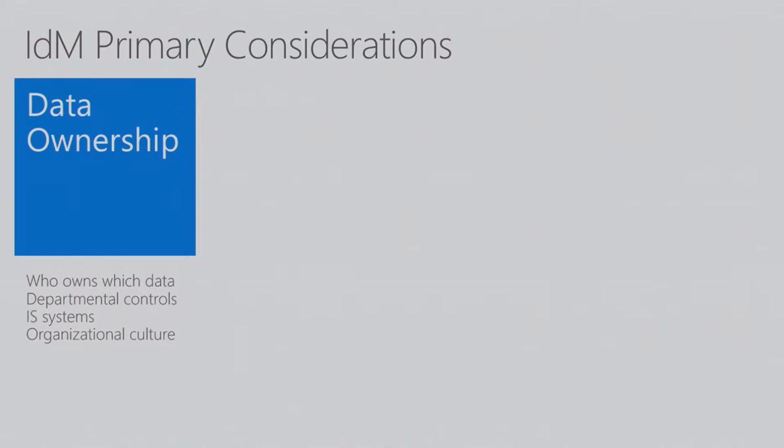So some examples of what everything else is: data ownership. In most organizations, the employee ID is owned by HR, and much of that similar data would be owned and managed by HR. They've probably got some legacy line of business system for managing that data as well. So it's not owned by IT.